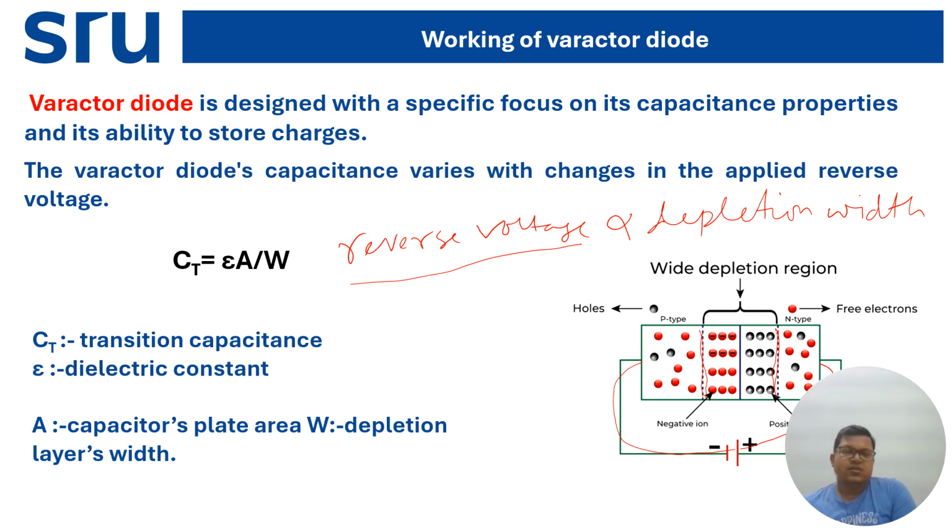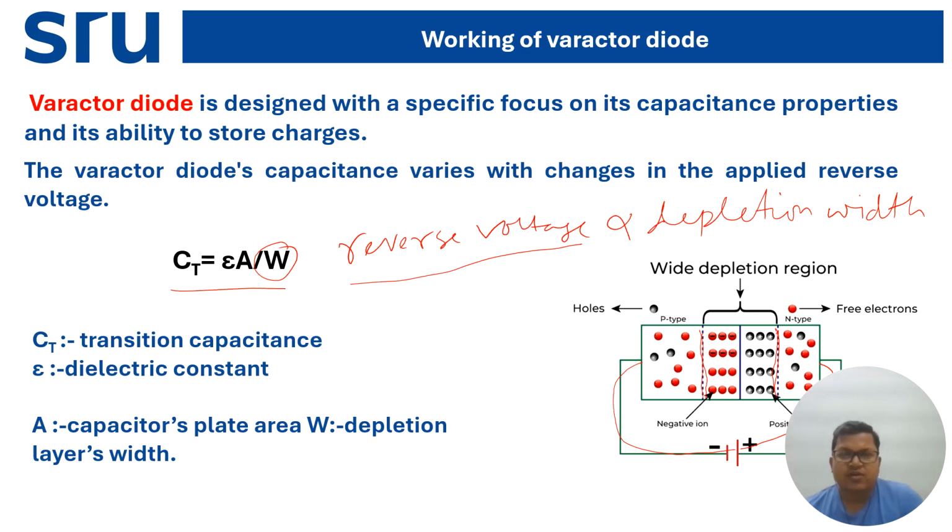As we increase the reverse bias voltage, the depletion width also increases. But as per the formula, the width comes in the denominator. That means when the width increases, capacitance decreases.